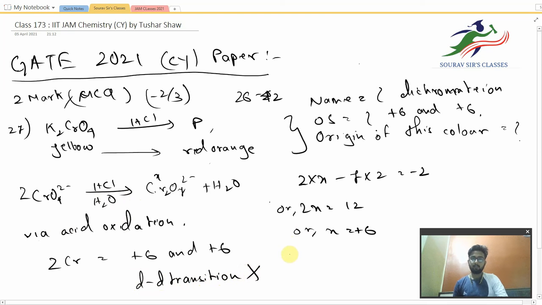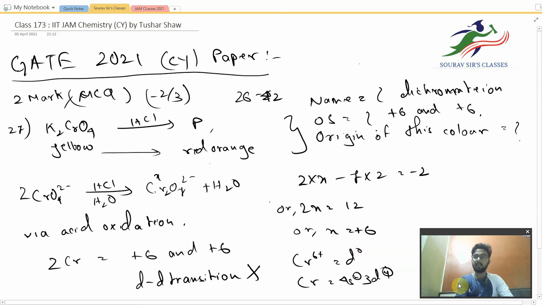Why? Because we know that both the compounds have Cr6 plus oxidation state, and Cr6 plus is a d0 system, because Cr normally is 4s2 3d4. If we take out 6 electrons, all of these are removed, giving us a d0 system, and a compound which has no electrons in the d orbital won't participate in d-d transitions so as to give color.